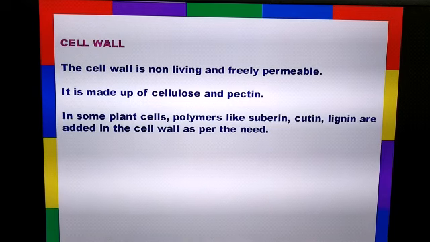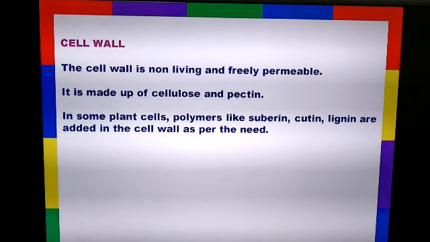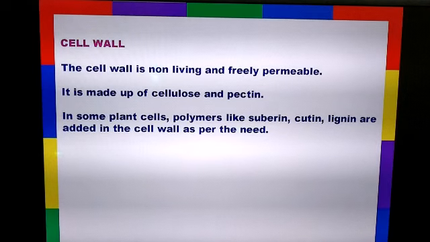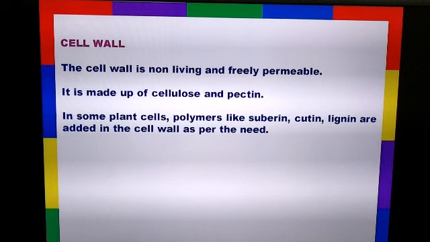The cell wall is non-living. See, we had studied about plasma membrane in the first video. Plasma membrane was a living membrane, but cell wall is non-living. It is freely permeable. What is meant by permeable? Allowing entry and exit of certain materials.